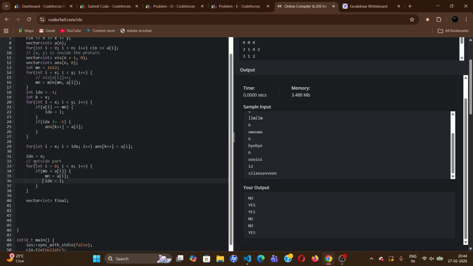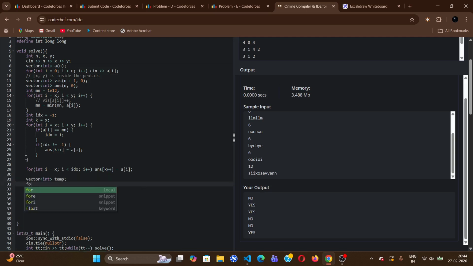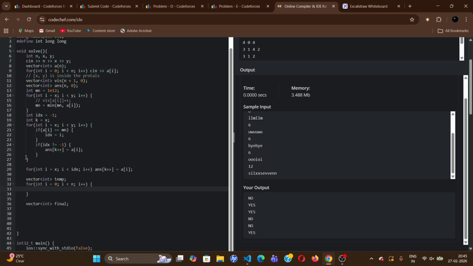We'll just add the outer part of the array.